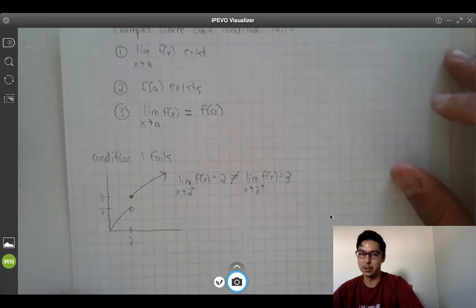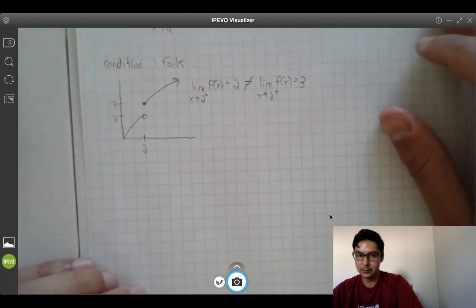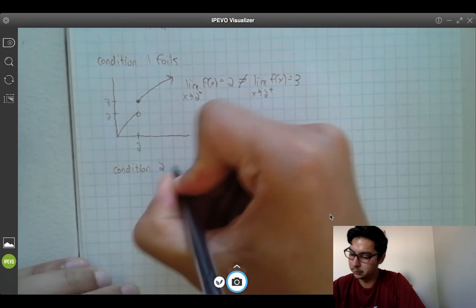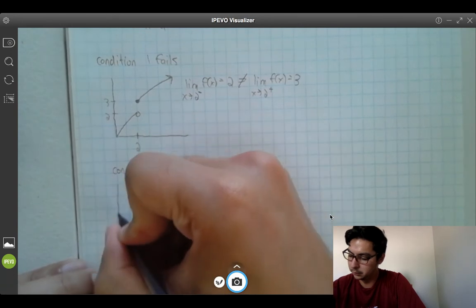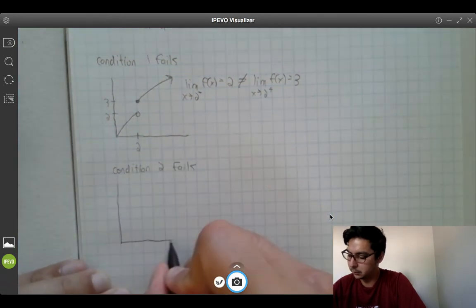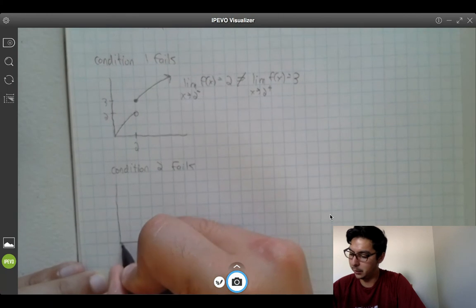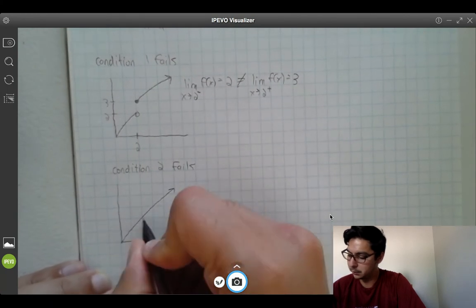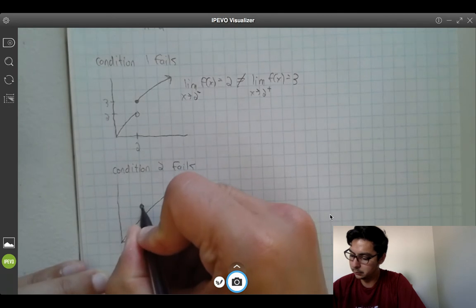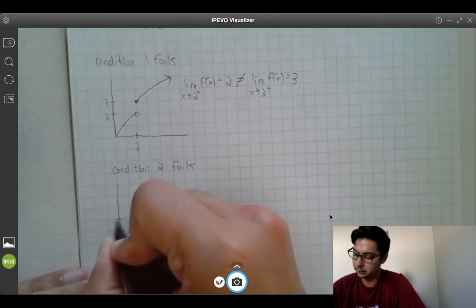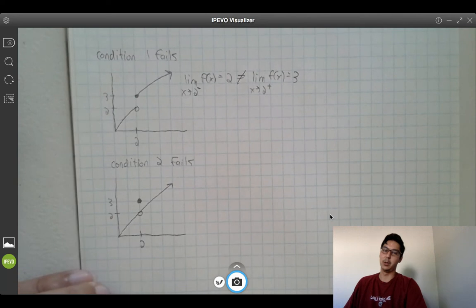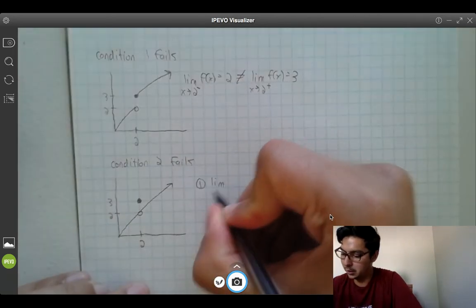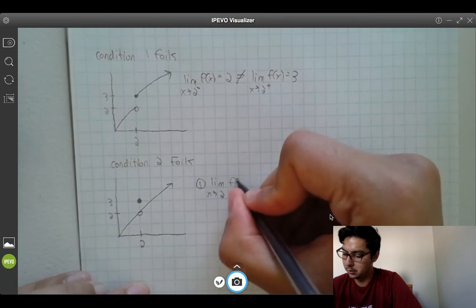Now, what's an example where condition two would fail? Condition two fails would be a graph that looks like this. Where you have a hole on the graph, because condition one, the limit as x approaches 2 is equal to 2.